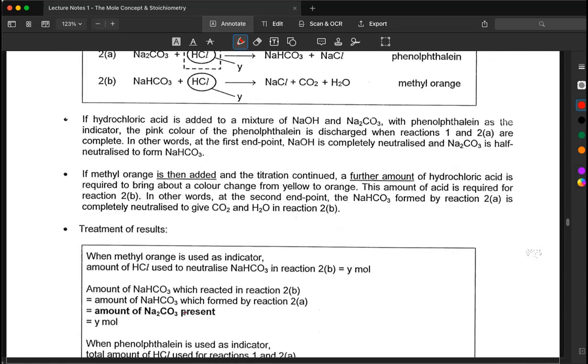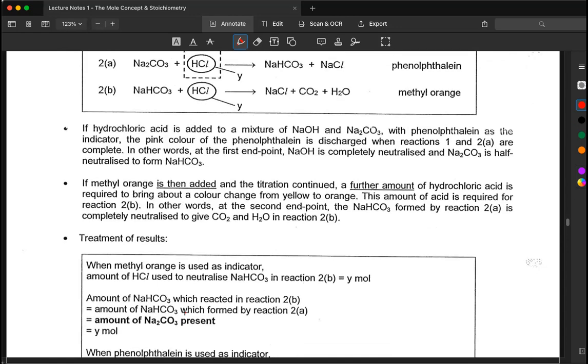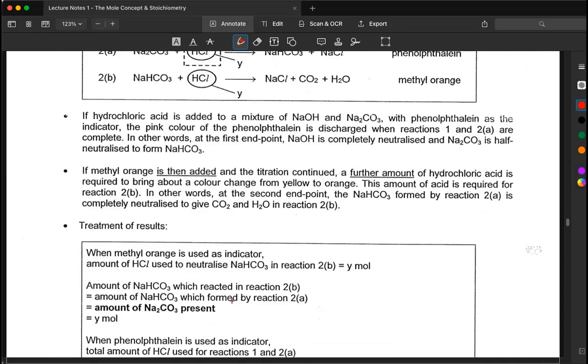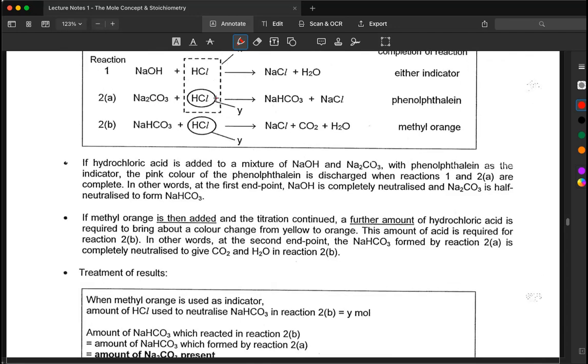The amount of NaHCO3 which reacted in reaction 2B is equal to how much sodium hydrogen carbonate is formed in 2A. So given this is Y, which means that this is Y mole, then this is Y mole. It's 1:1.